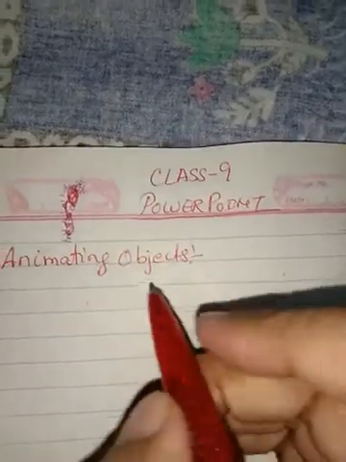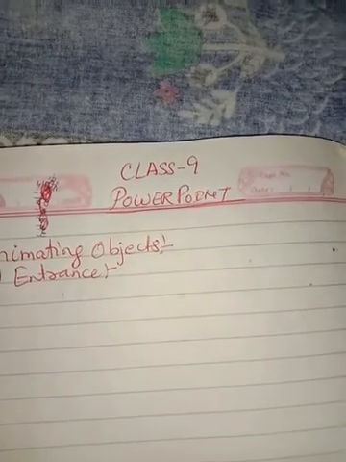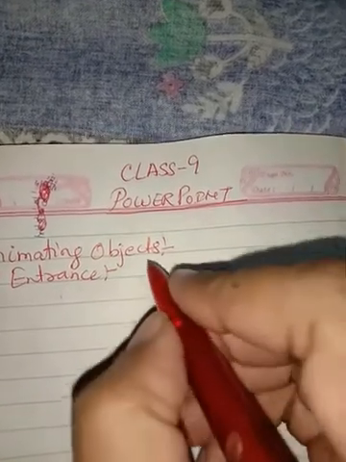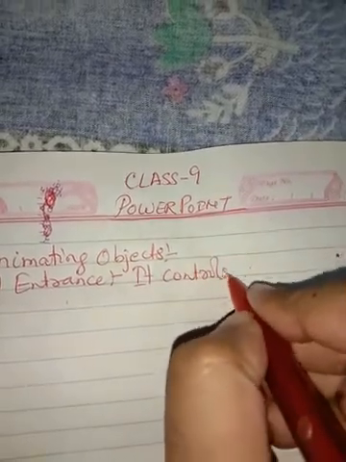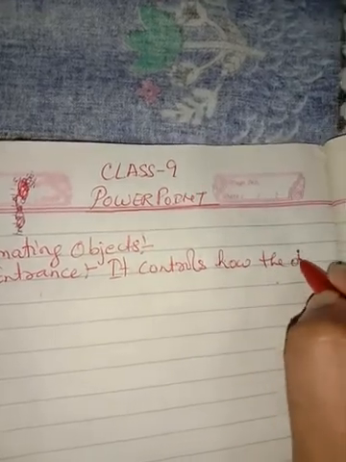The different types of animations that we have is: number 1, entrance. So what does it do? It controls how the objects enter the slides.